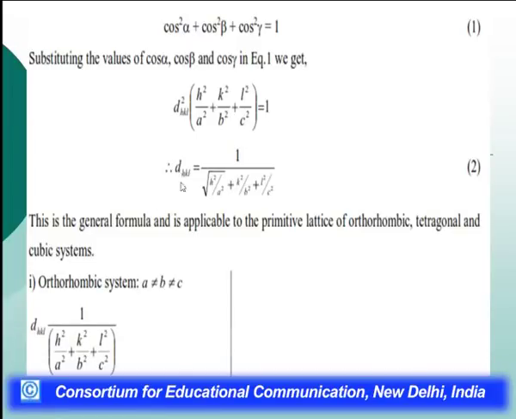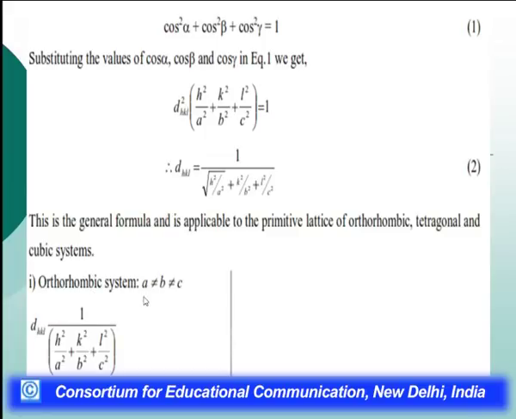Then we define d_hkl is equal to 1 by the root of all these values. This is the general formula and is applicable to the primitive lattice of the orthorhombic, tetragonal and cubic systems.